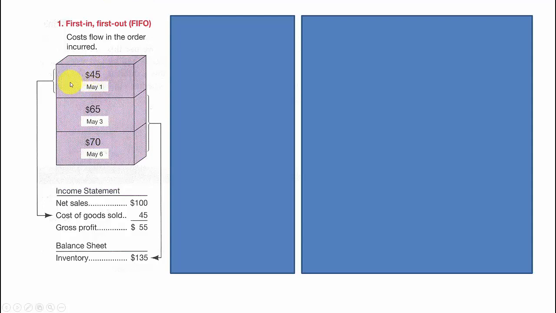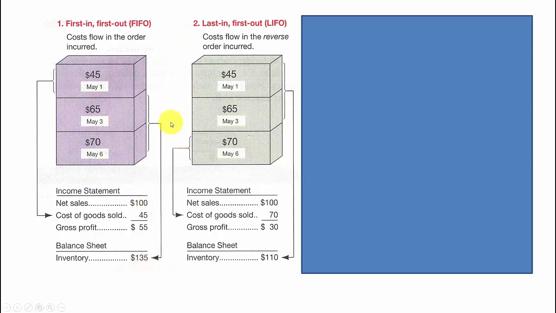And if that's the one that you sold, then sales are 100, cost of goods sold are 45, gross profit is 55, and your ending inventory would be these two remaining vacuum cleaners at $135. Or you could have said, I'm going to use LIFO, last in, first out. And so the last one that came in the door that cost you $70, that one is the one that you sold, and therefore your profit is $30.